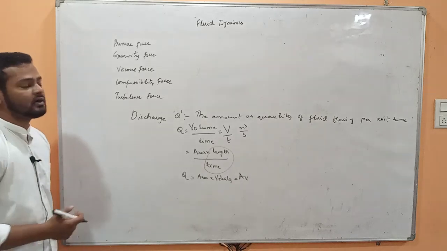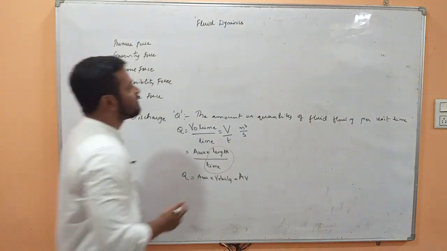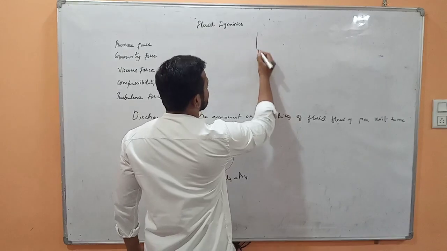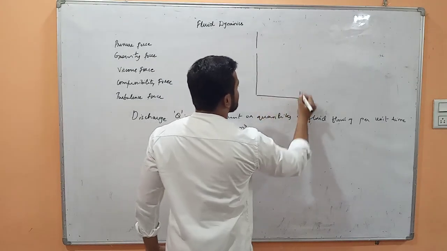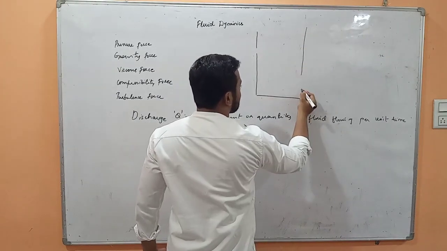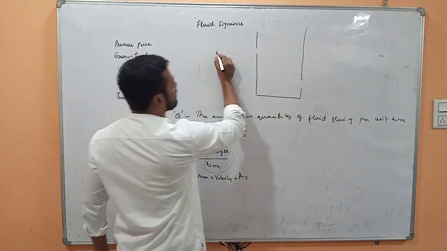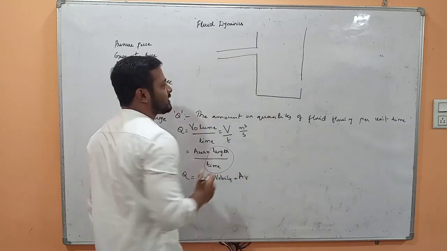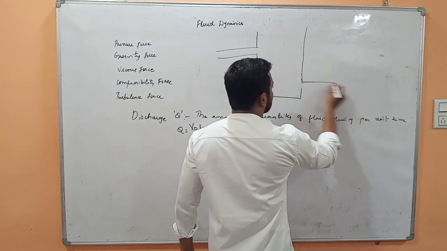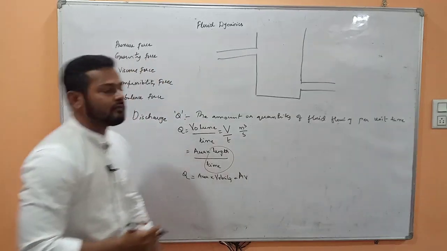In order to understand discharge in a better way, I'll take one example. Let's say you have a tank which has a capacity. Generally your household tank has two types of pipes. One is the filling pipe or the input pipe from which the tank is filled, and one is the output, which is the supply pipe.